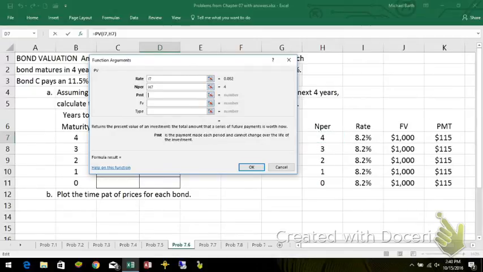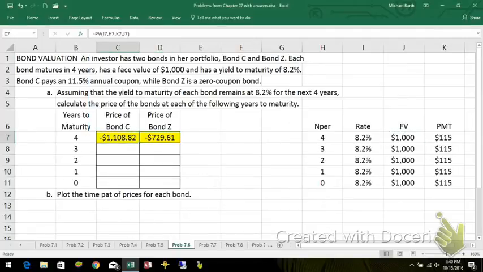Now the payment is 0 for the second bond, the zero coupon bond, and the future value is 1,000. Okay, so we can see they have a different price. And the difference in the price between these two bonds is essentially the difference in the present value of 4 payments of $115 over the next 4 years.